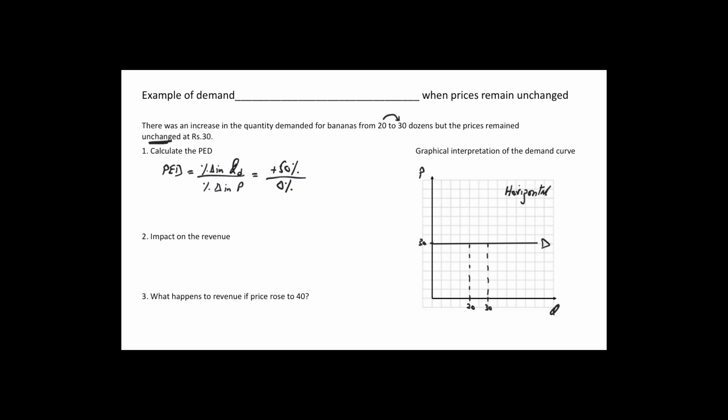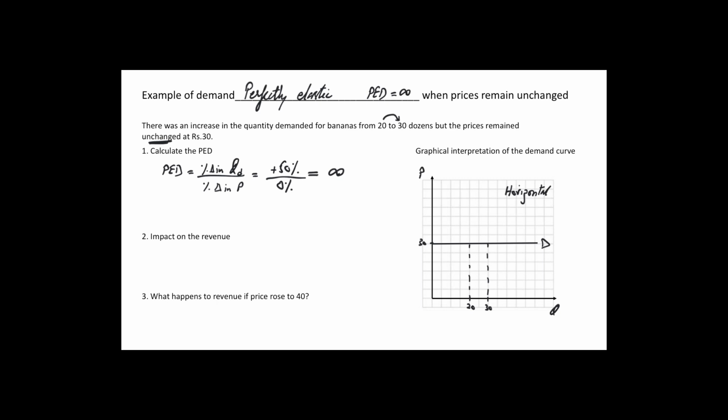It's not going to tell you it's 0. Calculator is never going to tell you the answer is 0. It's going to either tell you it can't be done, or it's going to say it's a math error. Whenever it is a math error, infinity, this is the sign for infinity, so that means it's perfectly elastic. The PED is infinite.